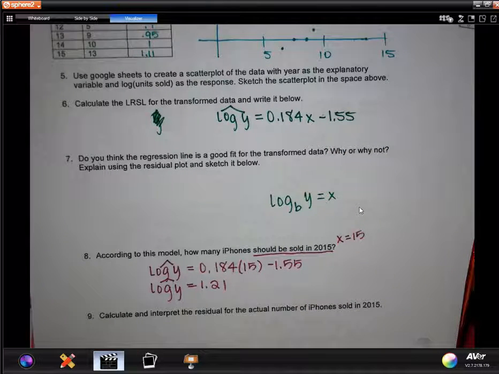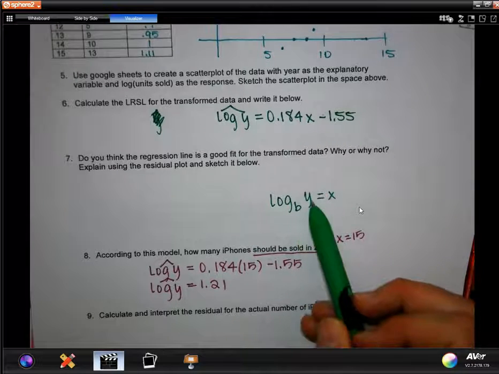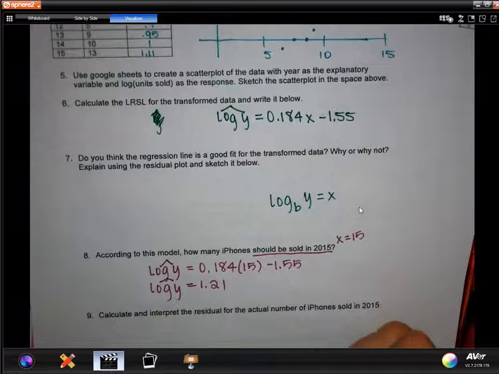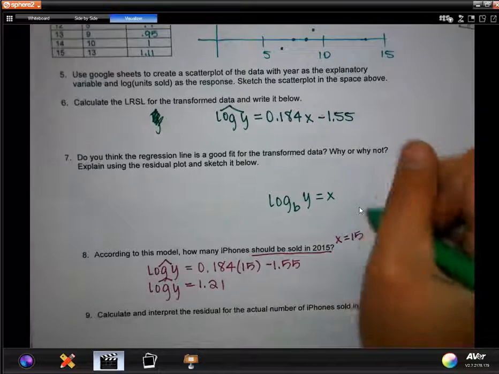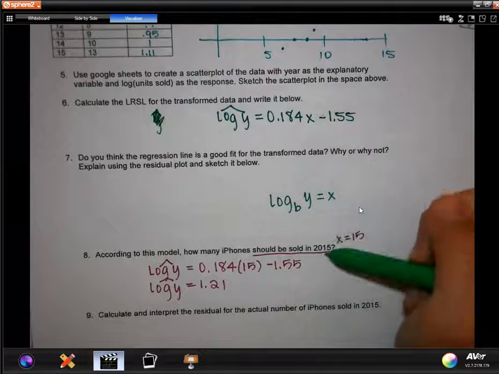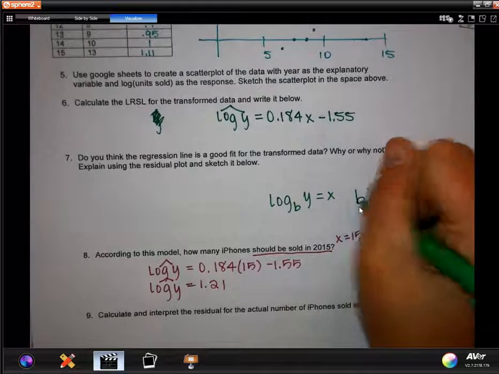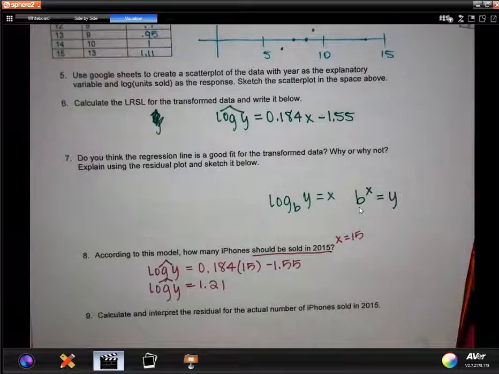That's logarithm form. It's just the general logarithm form. What power equals x? How do you write that out? B to the x equals y. Oh, close. That's exponential form. We literally just talked about it.